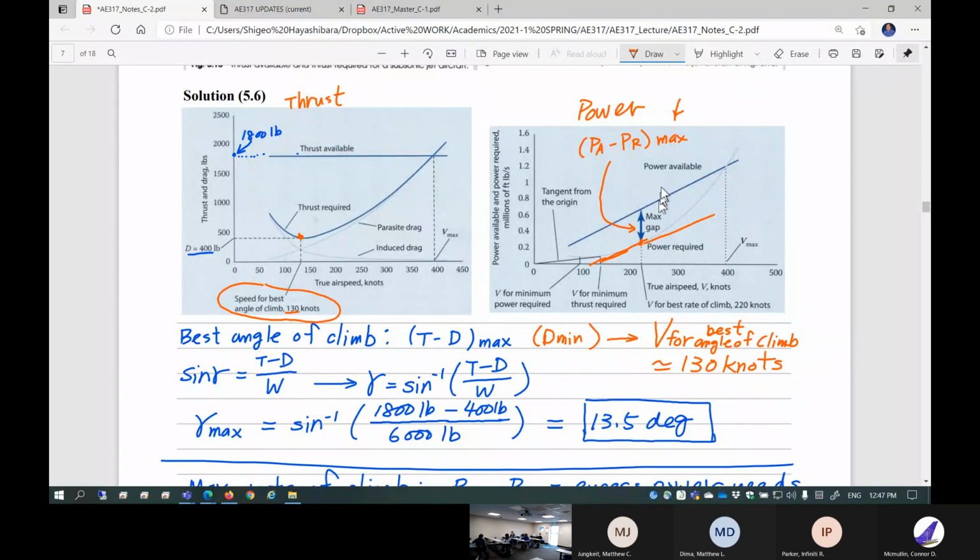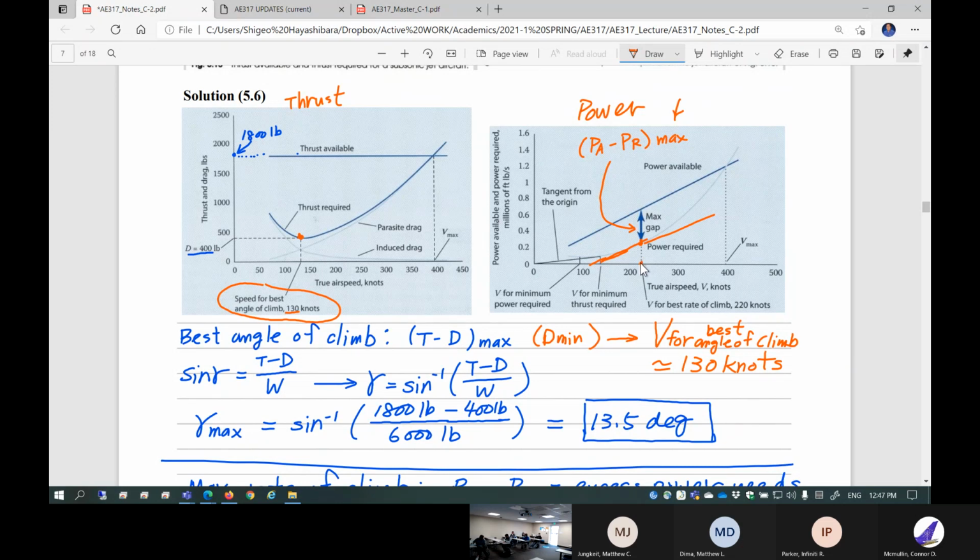That's where the maximum gap is located. This is the technique you have to employ. You pick up a straight edge and draw a parallel line, and where it touches the power required curve is the maximum gap. Corresponding to it, this is the velocity for best rate of climb.